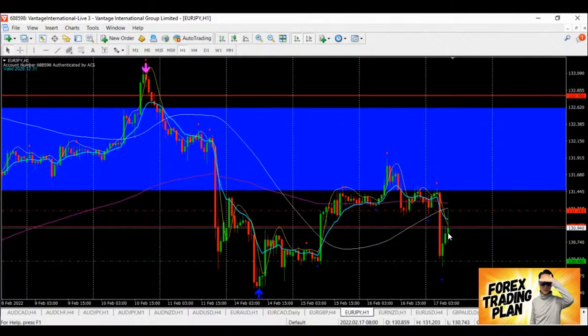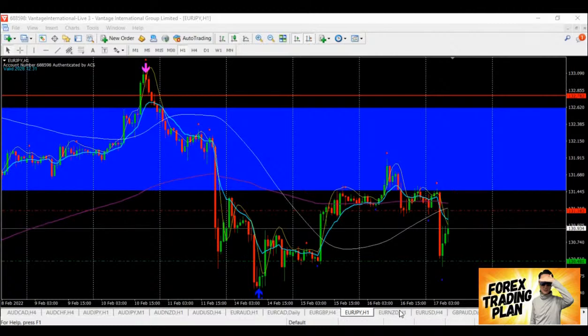That means there is big selling, a big volume of letting go in the market, waiting to form a new resistance, correct? So let's wait for the next round of opportunity before we start selling. So Euro Yen, I'm going to put this into my list. It has a good chance to sell.